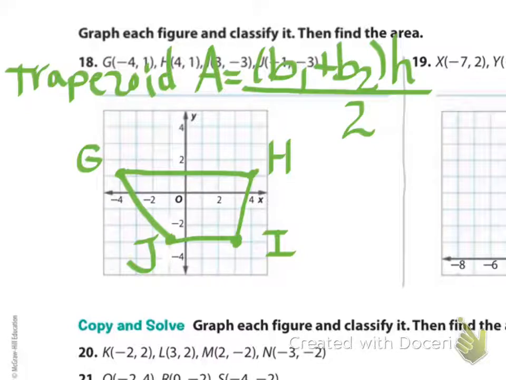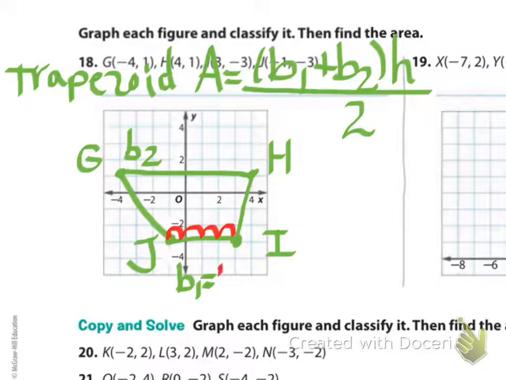All right, now, how do we know the side lengths? Well, it really doesn't matter whether you call this B1 or B2, but they are both bases, and they are the lines that are parallel to each other. So for base 1, I'm going to switch colors here and show you that you can count the units, how far you go over.